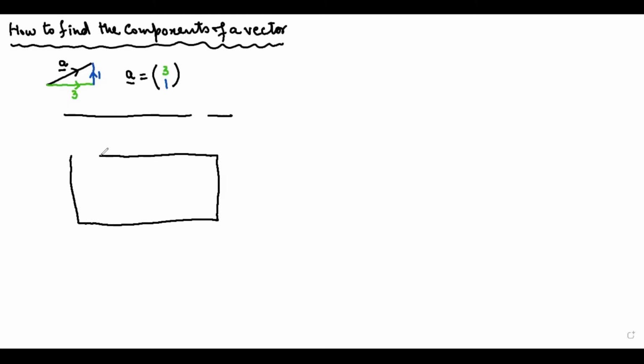This one is a quadrilateral A, B, C and D. This point is E, this point is F.